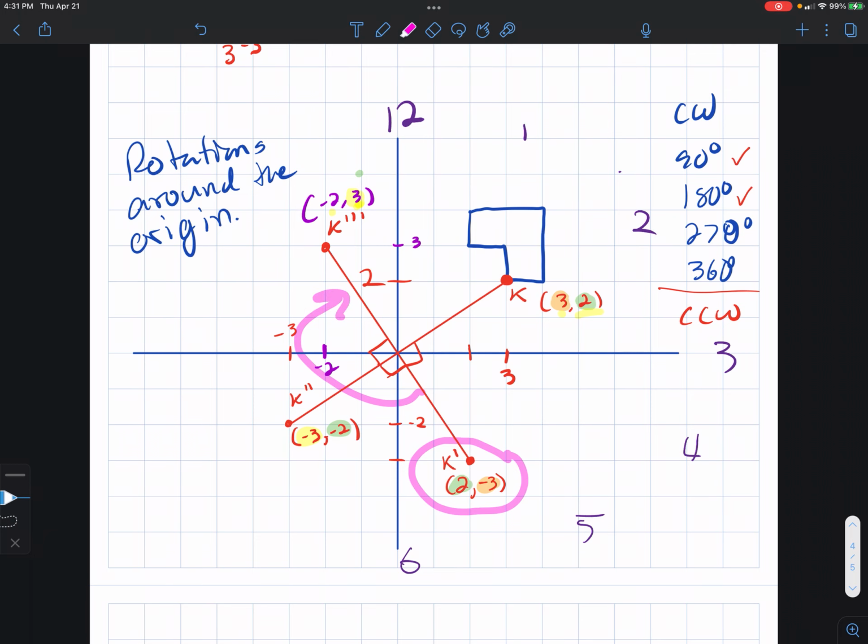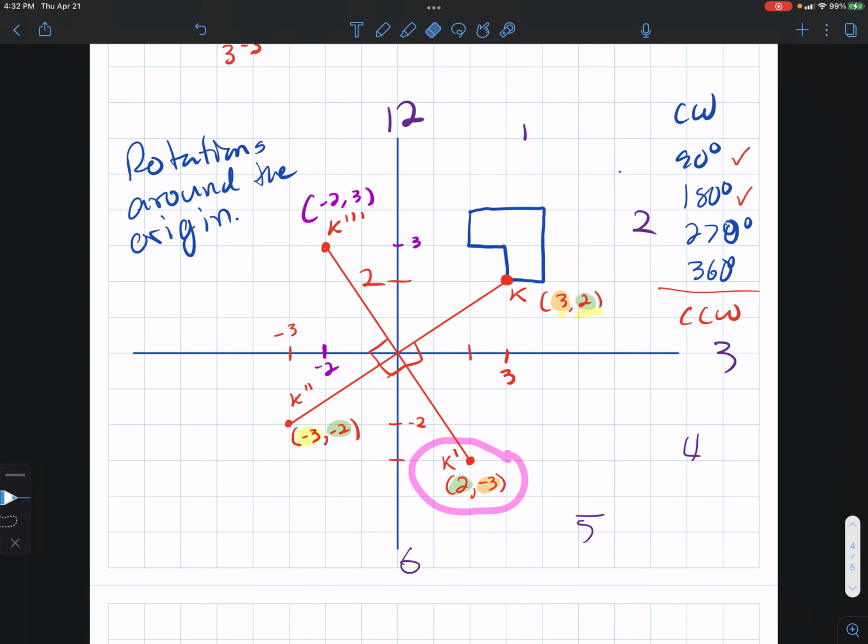This just changed the signs. So 180 keeps the numbers in the same place, but it just changes the signs, while a 90-degree turn switches them and changes the sign of one of them. That's just a little pattern.